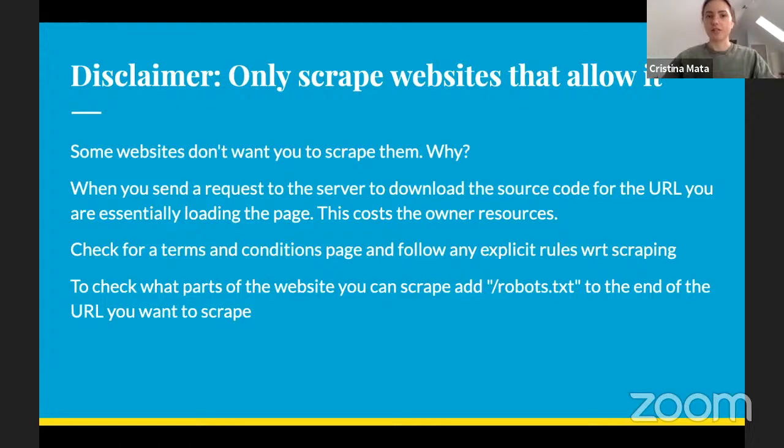Another thing that you can do to check what part of a website you're allowed to scrape is by adding /robots.txt to the end of the URL you want to scrape. And I'm going to show you guys what that would look like on an average website and how you would read that information.